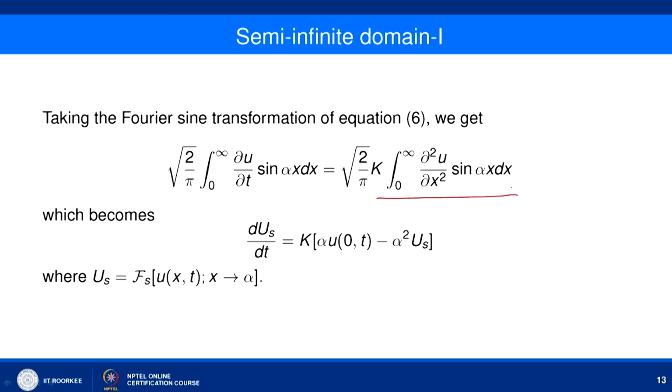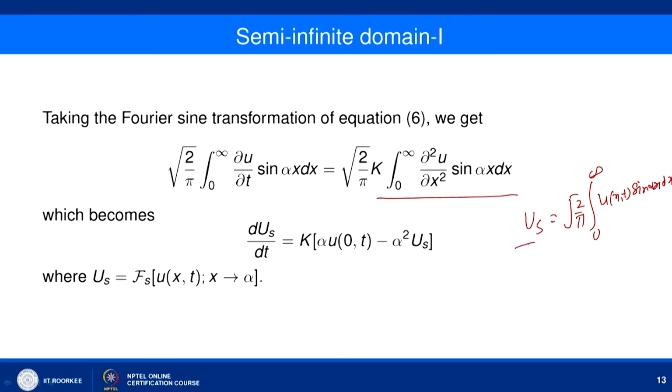Now we have this value available for us, and we can write dus by dt, where us is given as root 2 upon pi, integral from 0 to infinity of u(x,t) sin(αx) dx.